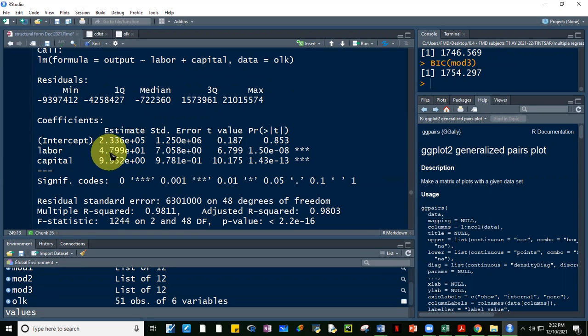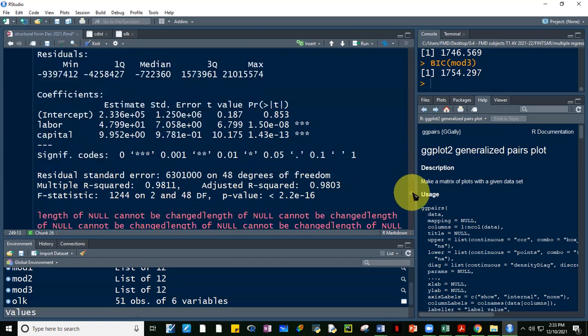For every $1 increase in labor, there's a corresponding $47.99 increase in output, ceteris paribus. And the multiple R squared here is 0.9803.